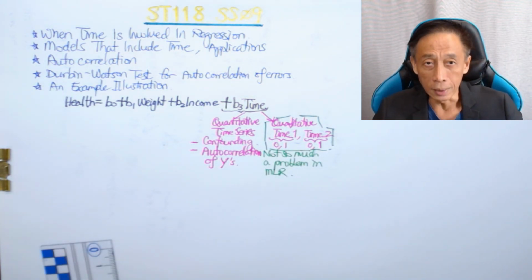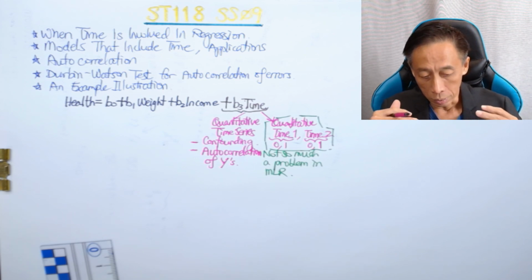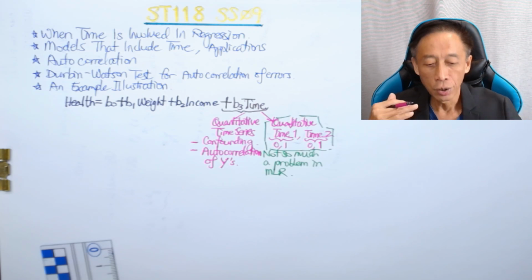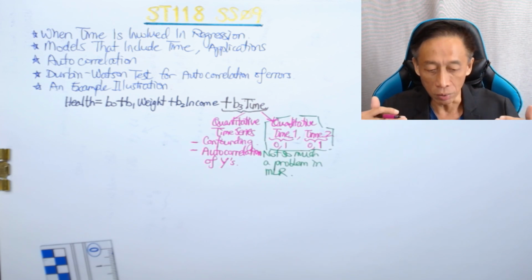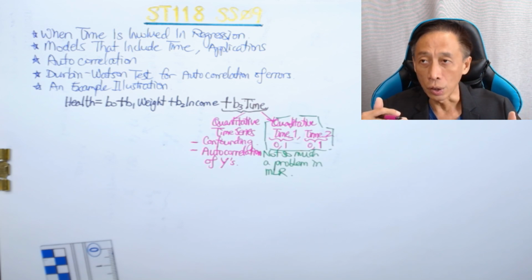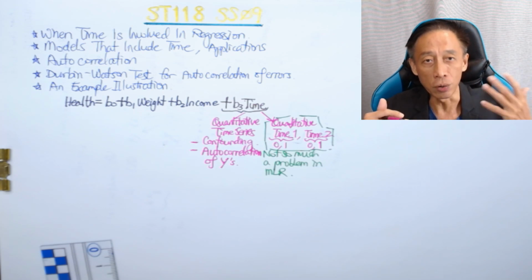So the thing is that many variables tend to change with respect to time in a way that is gradual and consistent. They don't have wild changes in a short time.